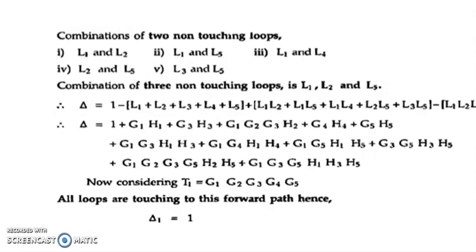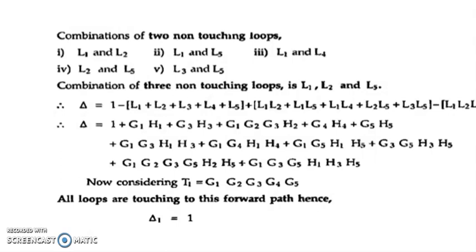So delta is 1 plus G1 H1 plus G3 H3 plus G1 G2 G3 H2 G4 H4 G5 H5 G1 G3 H1 H3 G1 G4 H1 H4 G1 G5 H1 H5 G3 G5 H3 H5 G1 G2 G3 G5 H2 H5 G1 G3 G5 H1 H3 and H5.